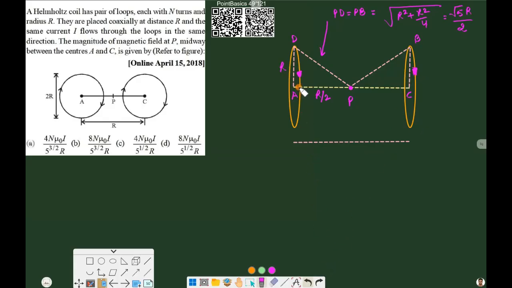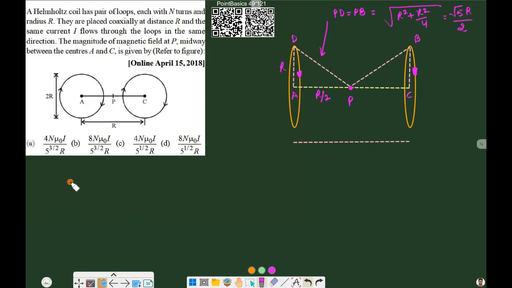Now let's find the magnetic field at P due to this first coil, which has its center at A. We know the magnetic field due to a ring, and we can just multiply it by the number of turns to get the field due to the coil.